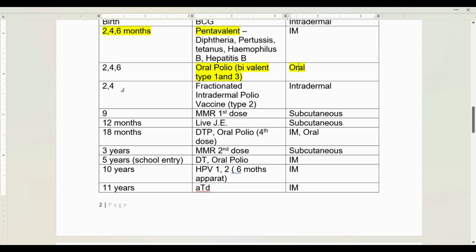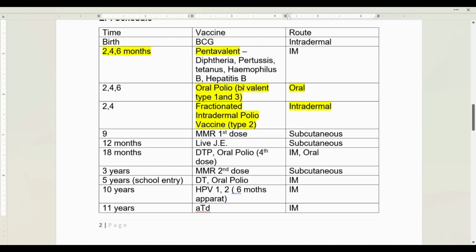At 2 months and 4 months, we give FIPV, that is the fractionated intradermal polio vaccine. It's a type 2 vaccine. It is given intradermally. Previously the oral polio vaccine was given for all three strains, but later it was found that type 2, since it's live, can cause the disease also.